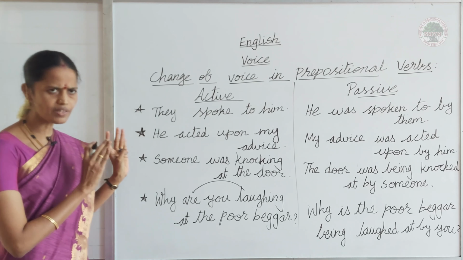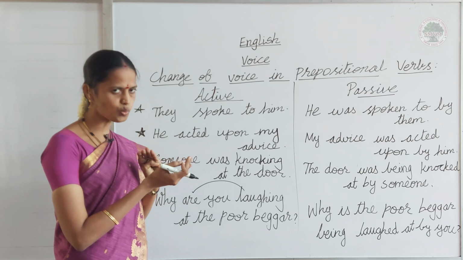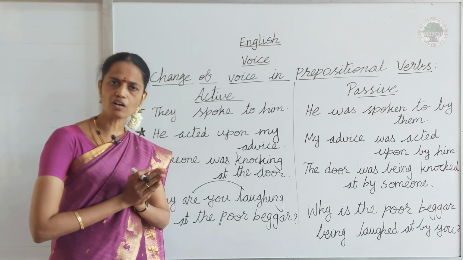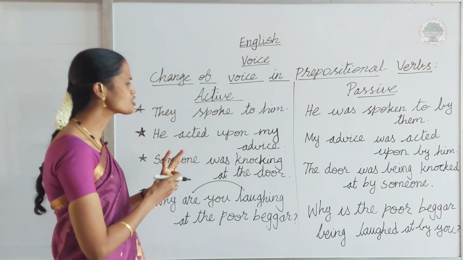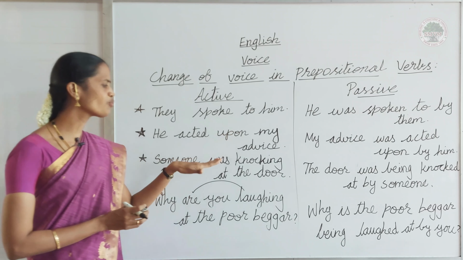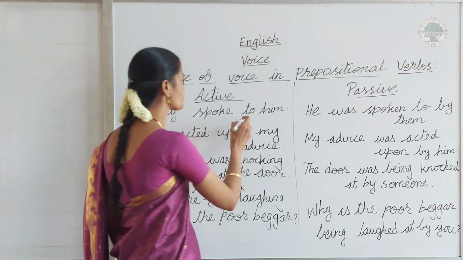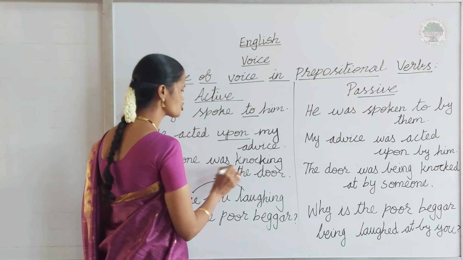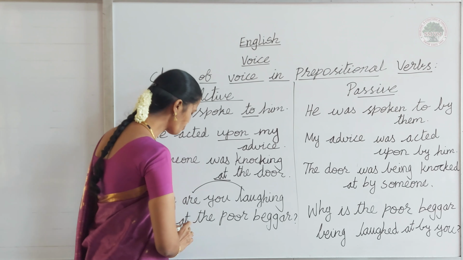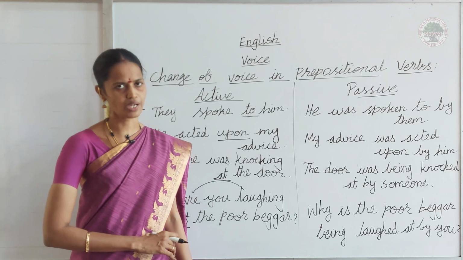So, while we are changing these prepositional verbs into passive voice, what rule do we have to follow? We should not omit this preposition while we are changing into passive voice. We should not drop this preposition while we are changing this active voice into passive voice.